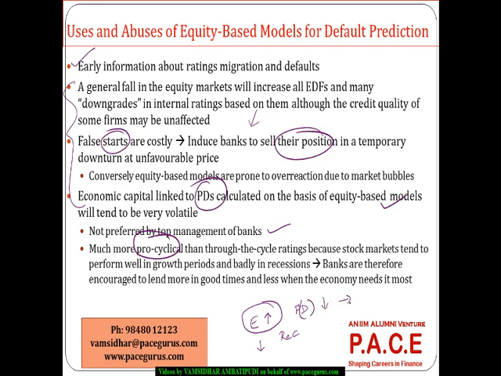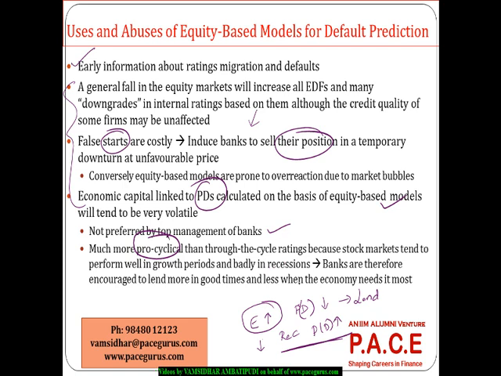So lend more during this period. Whereas during the recession, the probability of default is going to be much higher. So this is where actually we require debt to boost up the economy. But this model is simply saying that during a recessionary kind of environment, the probabilities of default are going to be much higher.